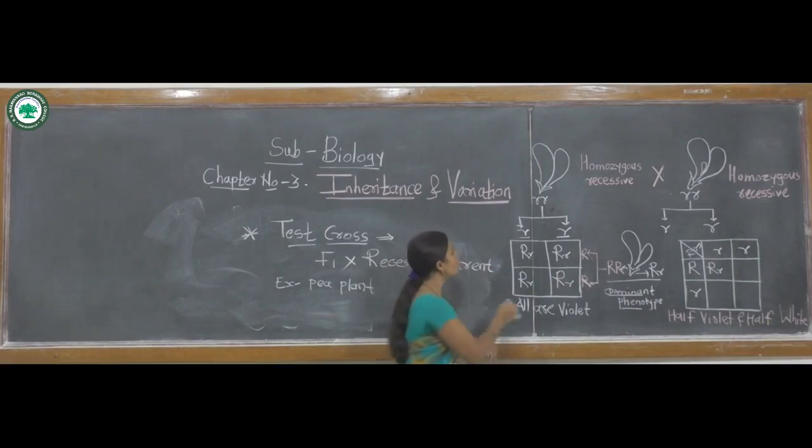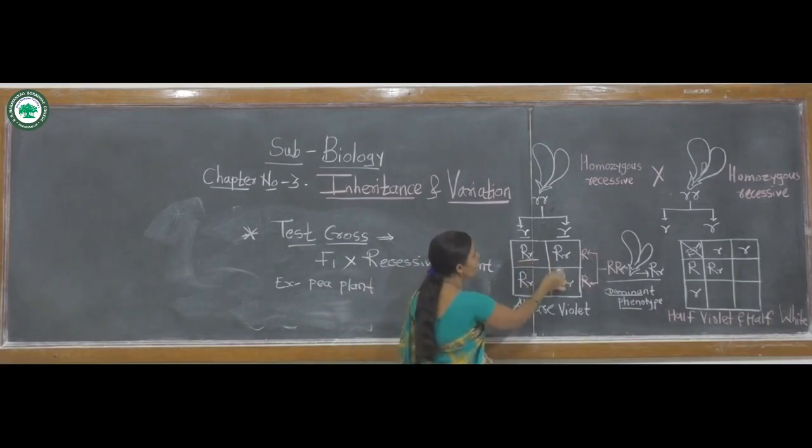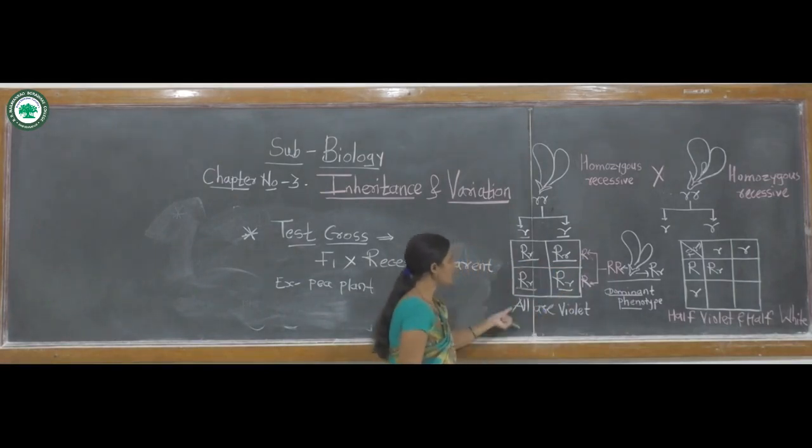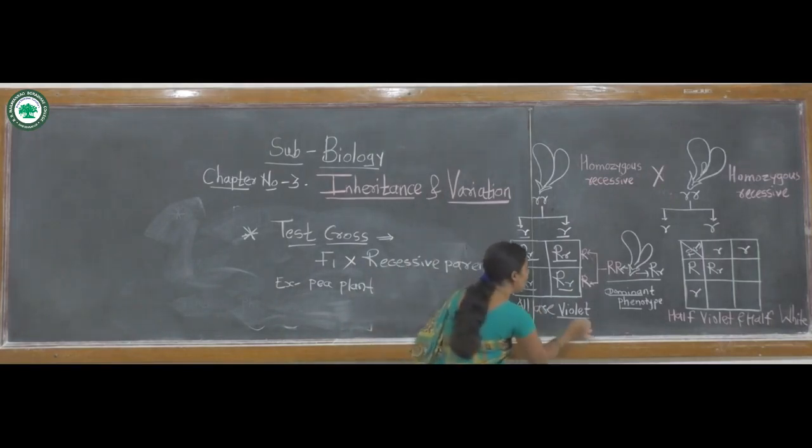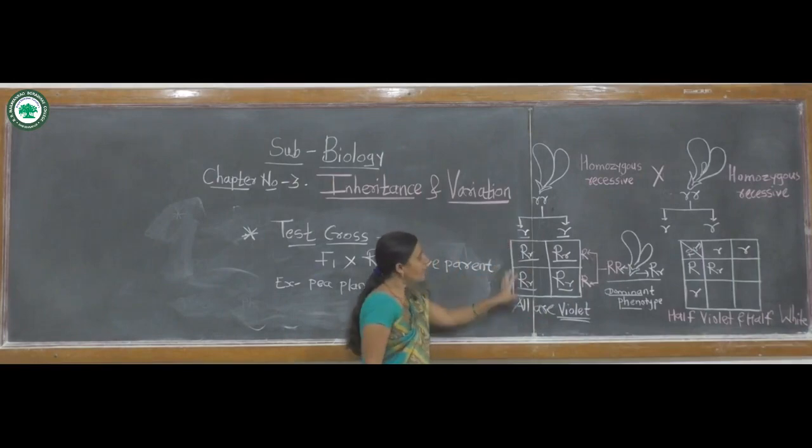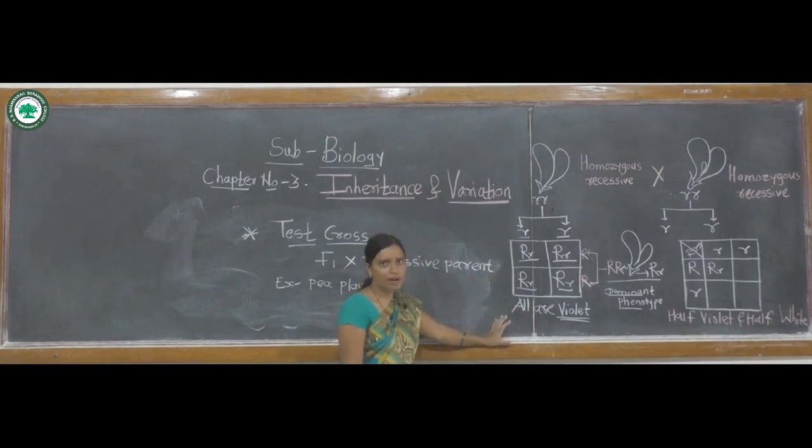That time it produces capital R small r, capital R small r. These four plants are produced, and all four are violet color, meaning all plants are dominating and produce the violet color flower.